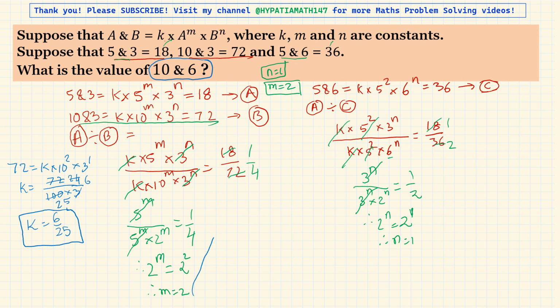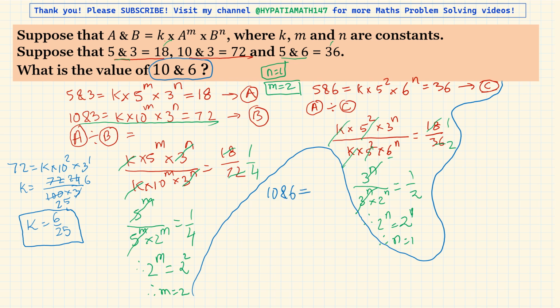So 10 ampersand 6 would be equal to, in a similar way, k multiplied by 10 to the power m times 6 to the power n. So that would be equal to k, we know 6 out of 25, multiplied by 10 to the power m, which is 2, multiplied by 6 to the power n, which is 1.